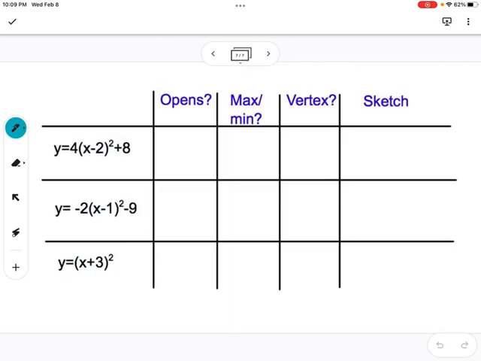Okay, so a couple more examples with this. We have a few equations to look at. The first one, y equals 4x minus 2 squared plus 8. So we have a positive a value, which means it will open up.